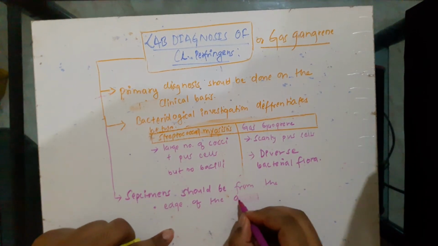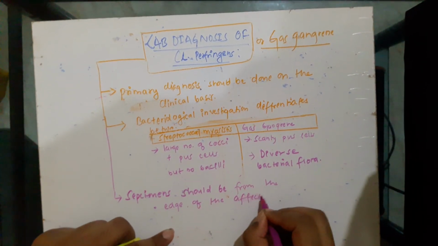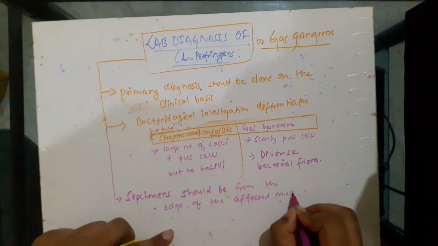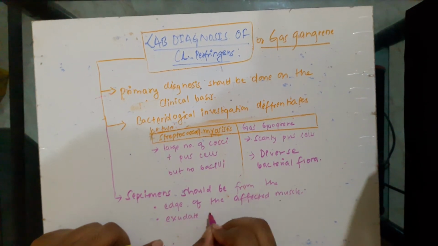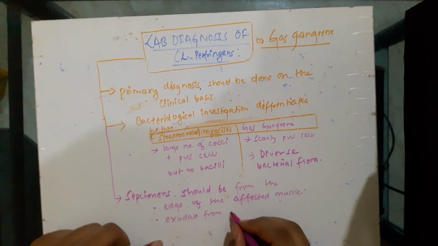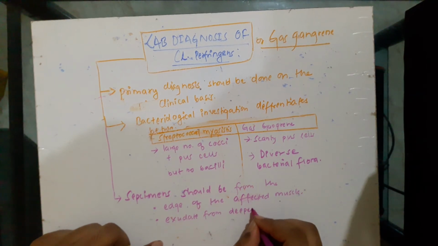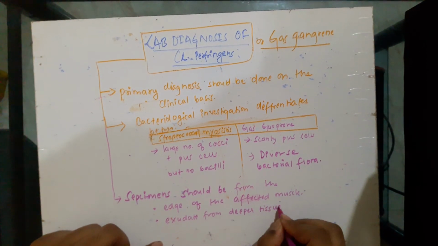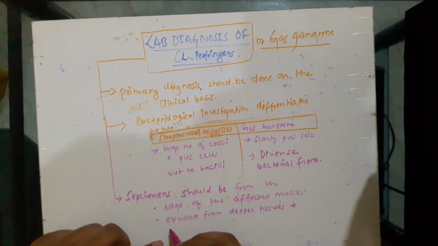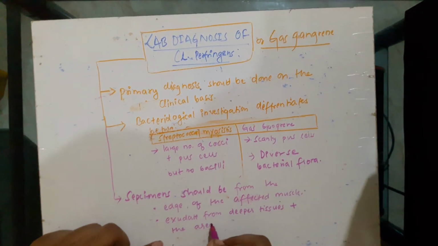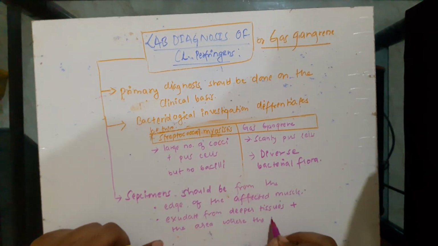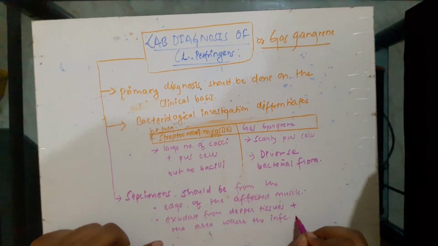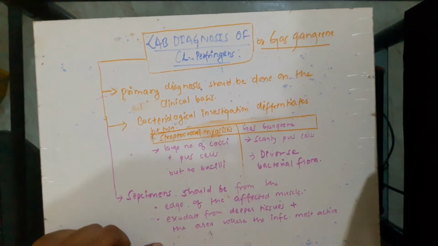I got confused a bit. Also exudate from deeper tissues and the area where the infection is most active. These are the areas from where the specimens should be collected.